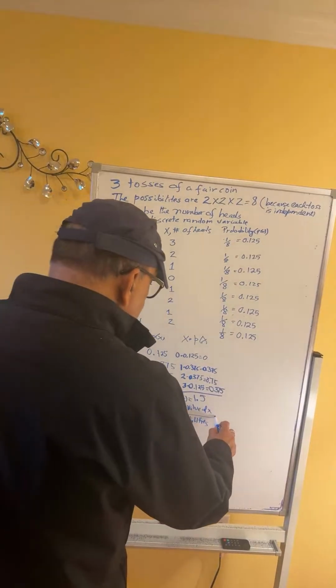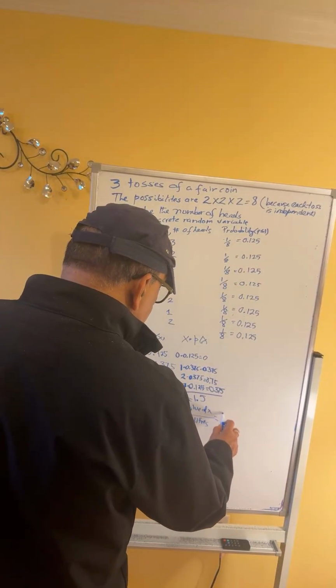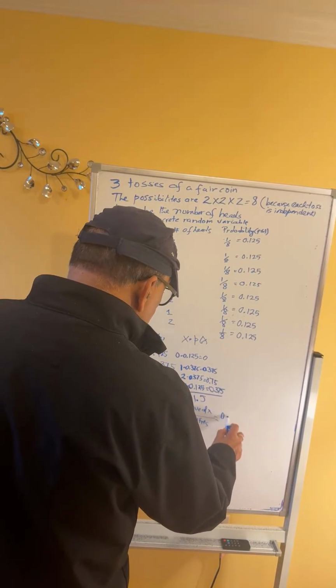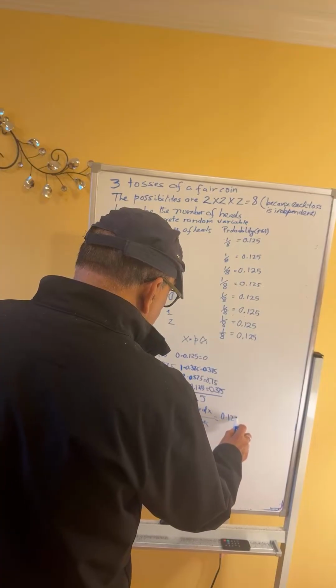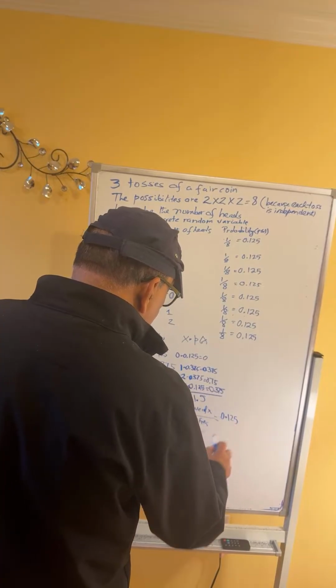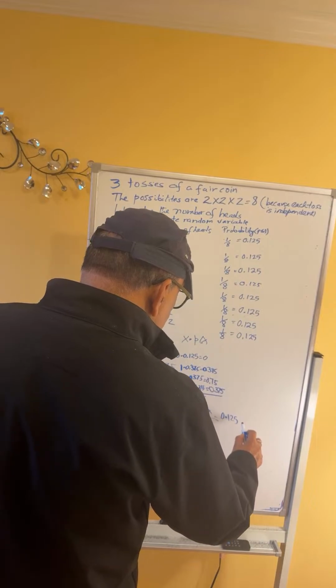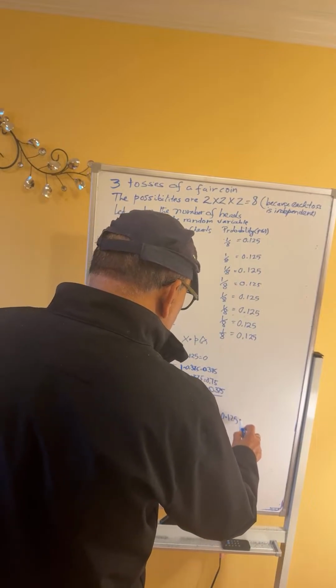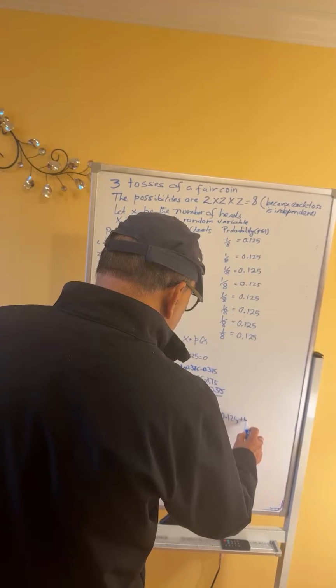So in this case, the first case, you have 0 times 0.125, which is 0. Next one, you have 1 times 0.375.